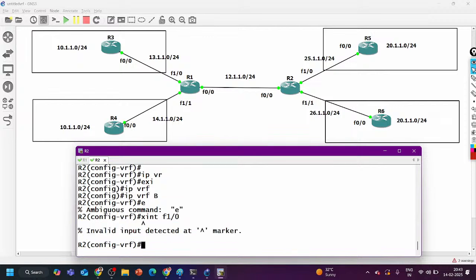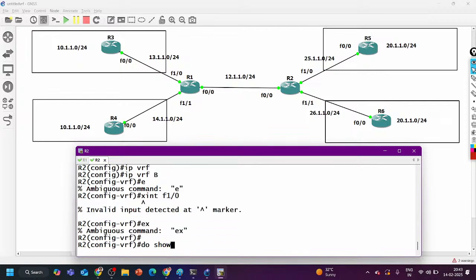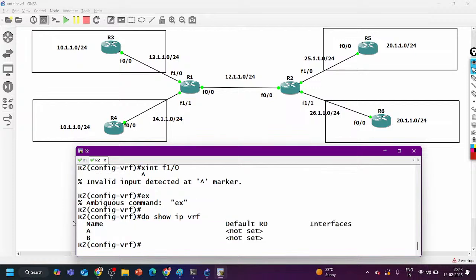Sir, why are we creating B on this? To separate the customer network. Instead of B, you can create P also, Q also. Any VRF you can create over here.